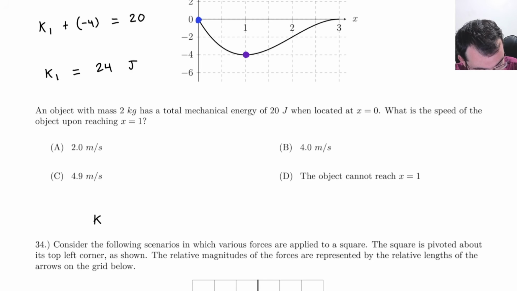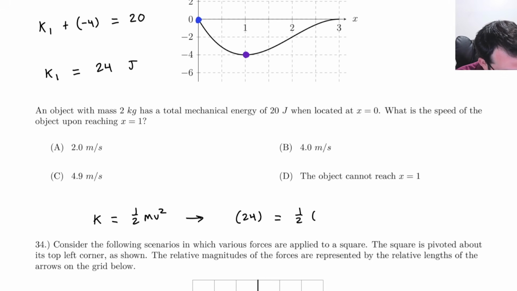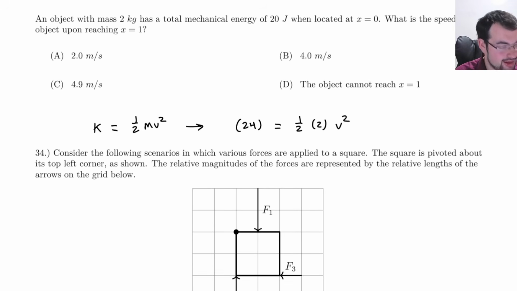Kinetic energy is 1/2 mv squared. So we're solving 24 is equal to 1/2 times 2 times v squared. The 1/2 and the 2 cancel, so we just get v is the square root of 24, which is a little bit less than 5, so we can see it's going to match the 4.9 answer.